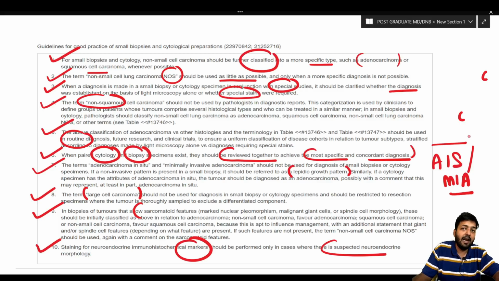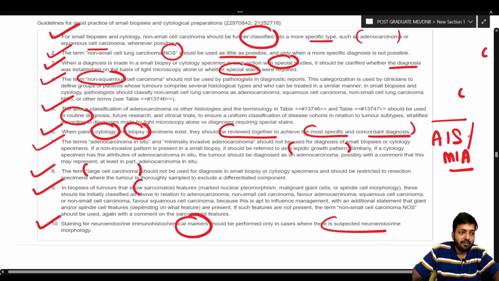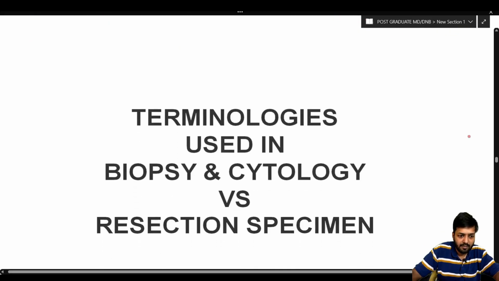Also, one more thing, whenever you are reporting an adenosquamous carcinoma, you cannot report it just on the basis of small biopsy or cytological preparation, because at least 10% of each has to be present. Okay, so with this we have completed the guidelines for practice on small biopsies and cytological specimens.